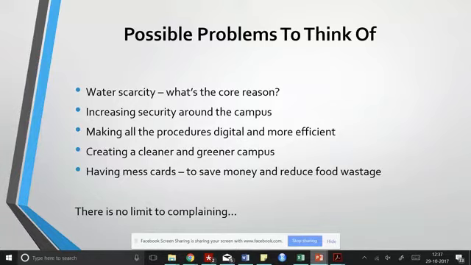Fourth, I would say, is creating a cleaner and greener campus. Our campus is the second largest in India in terms of acre space, and it has such a beautiful space, but it's just not used very well.